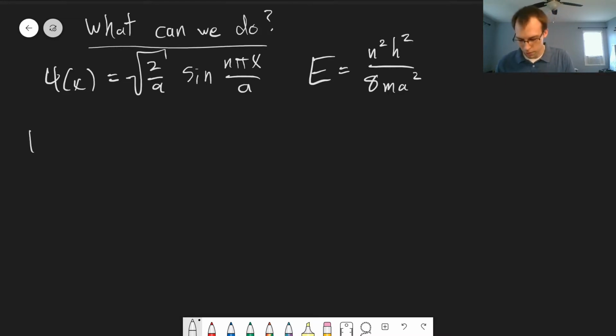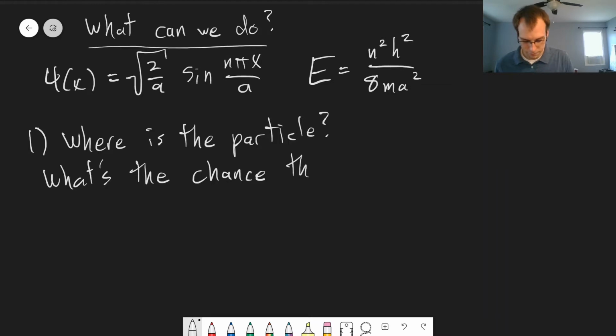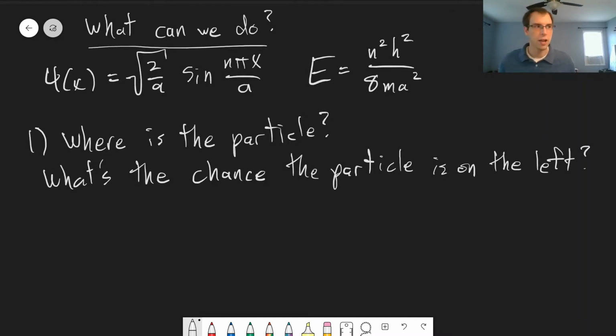So question number one that we can answer is, where is the particle? Well, at least we can give a probability. So, for example, you may ask, what's the chance that the particle is on the left-hand side of the box? How do we define that mathematically? We now have a probability distribution.